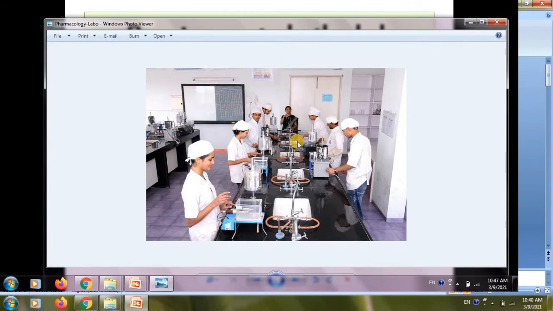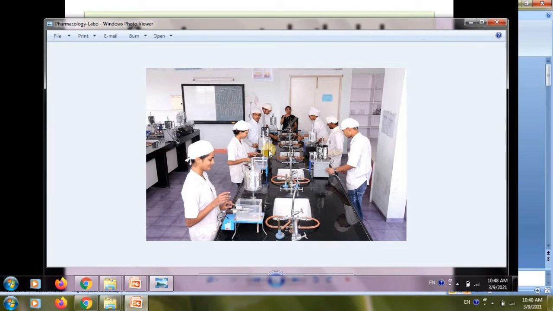If you see the image over here, the student is wearing a cap, and he used the apron, but they haven't used gloves, because the need for gloves in this practical is not there. This is a pharmacology kind of practical.